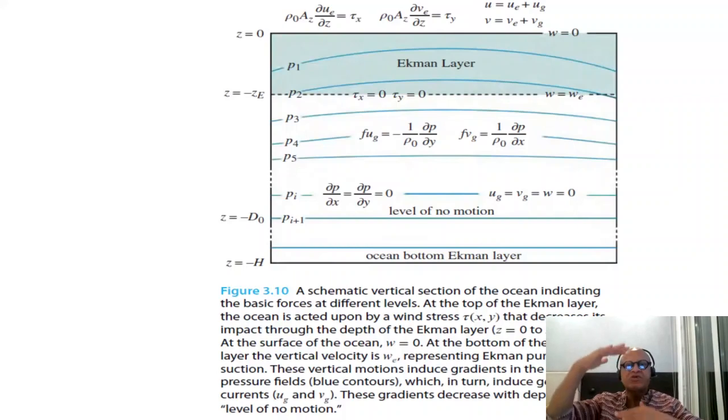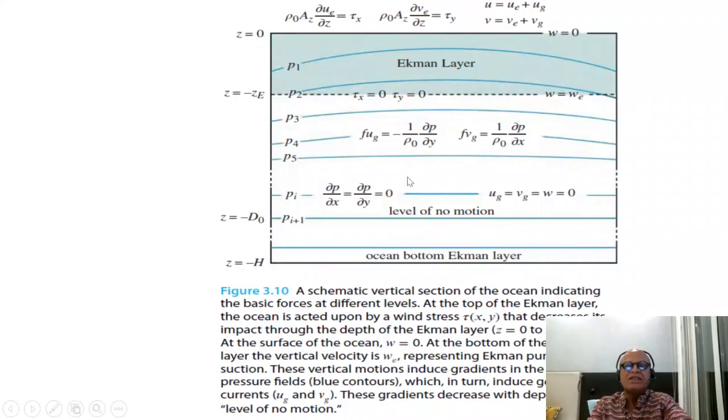So essentially you have a compensation happening, with the isopycnals doming up like shown here, and the sea level having to dip down. Okay, that's kind of heuristically arguing. We will see that a little bit later on.